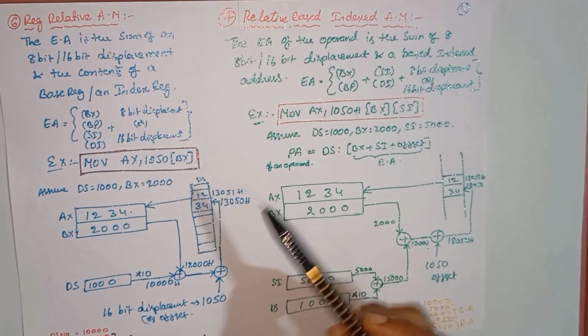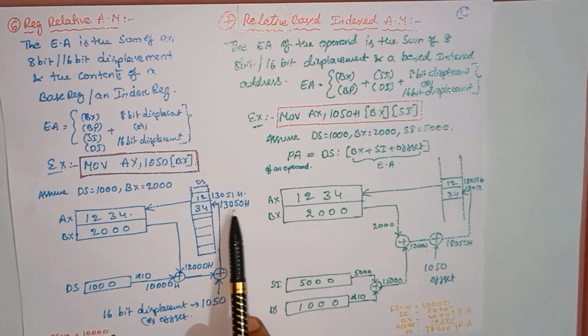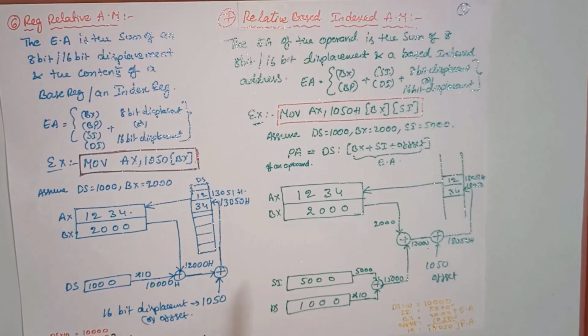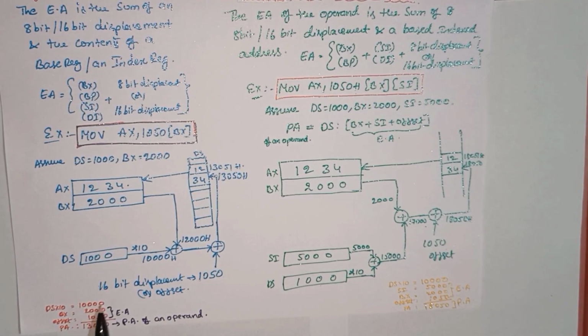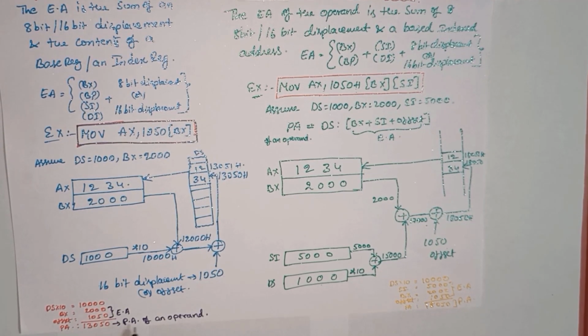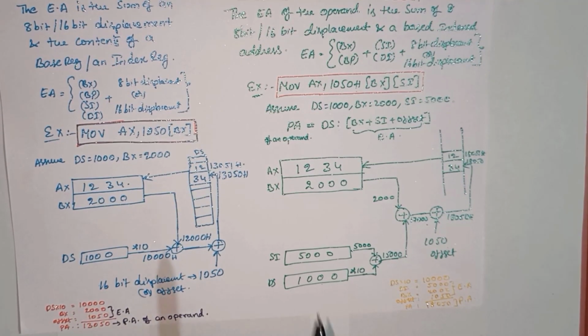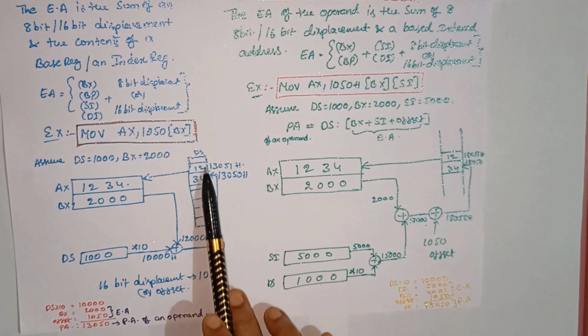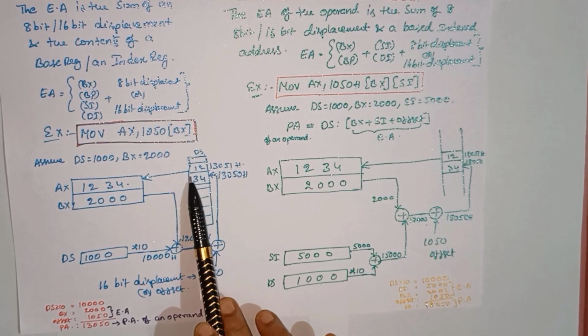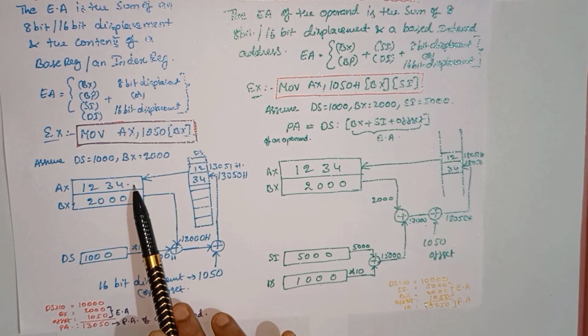Then the physical address of the data, 13050, is generated. See, this is the base address, this is the offset address available in BX, this is the 16-bit displacement. So this is known as the effective address. The physical address of the operand is 13050. At that physical address, whatever operand or data is available will be transferred to the AX register according to the given instruction.